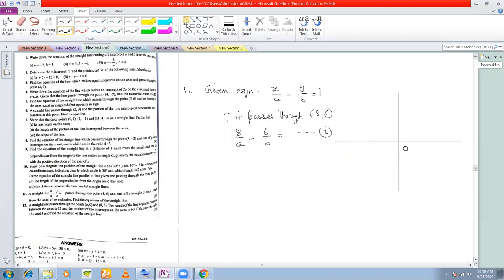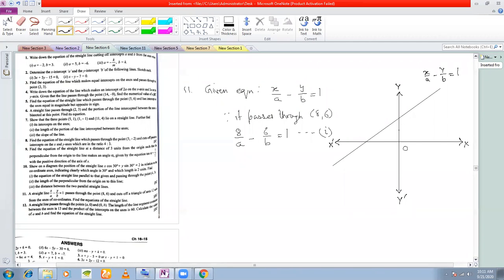If you have a straight line like this, then the equation of the straight line is x by a minus y by b is equal to 1. This is your y dashed, x dashed, x.